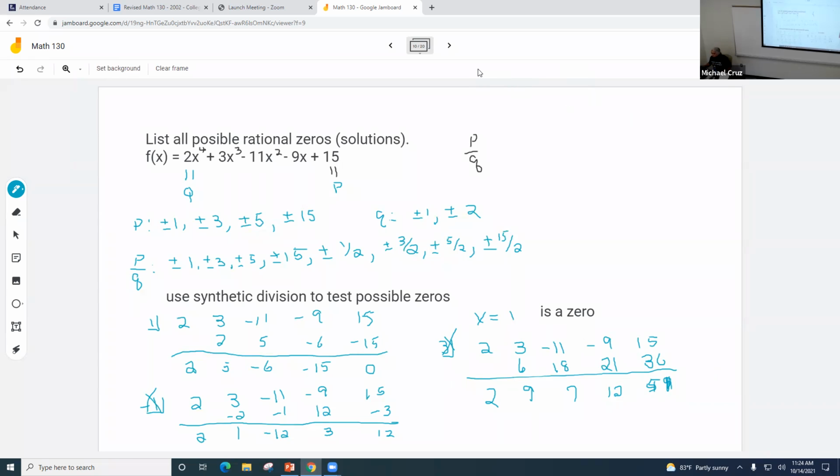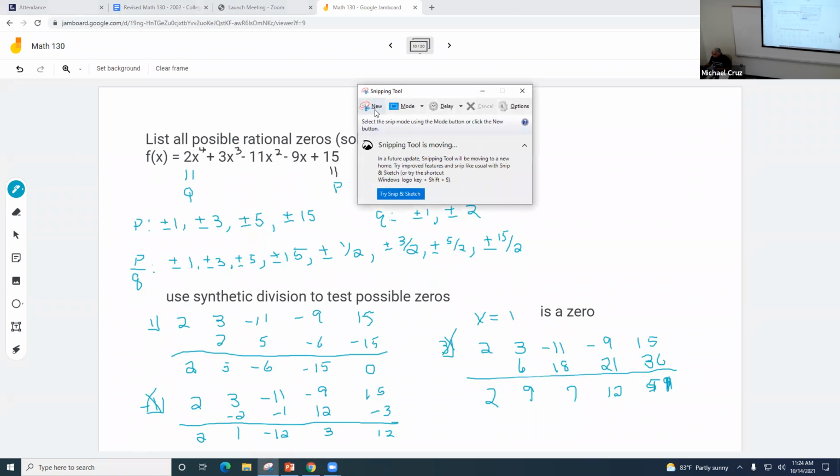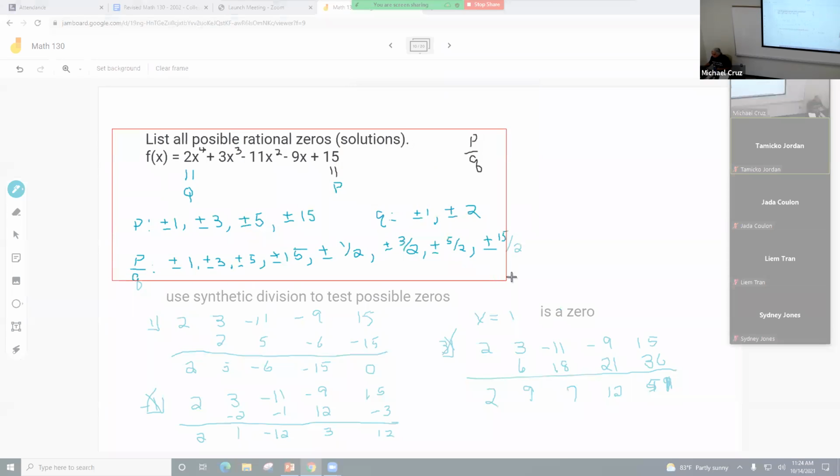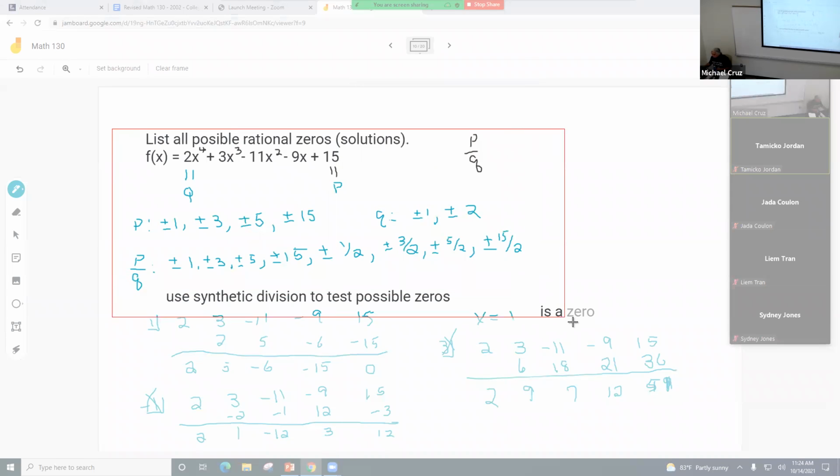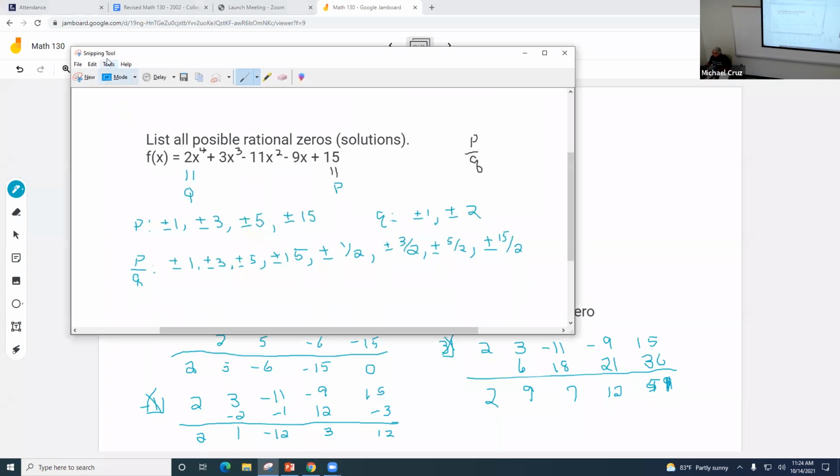All right, so let's see. -3. Yeah, I'm going to go on, but I have to find a place to put it. I'm going to copy this here and save it and import it over there so I don't have to write it again.